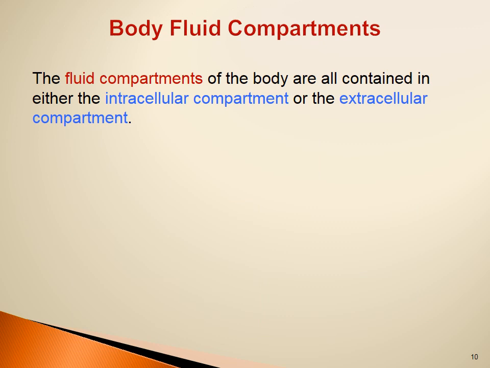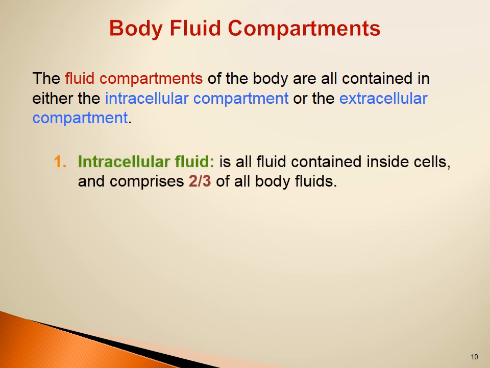So the fluid compartments of the body are all contained in either the intracellular compartment or the extracellular compartment. The intracellular fluid is all fluid contained inside cells, and it comprises two-thirds of the body fluid.